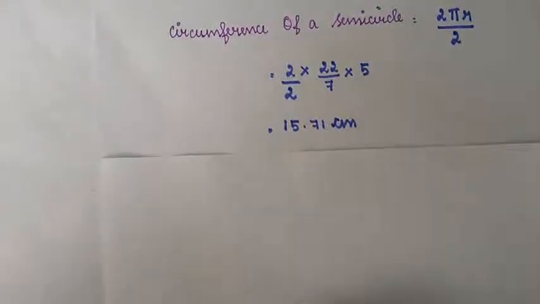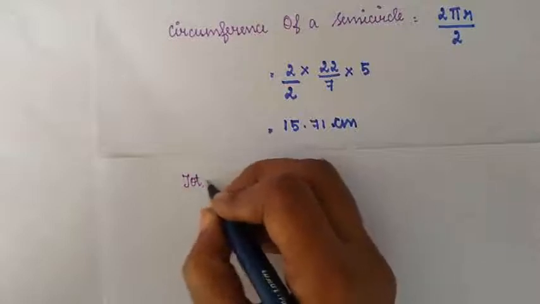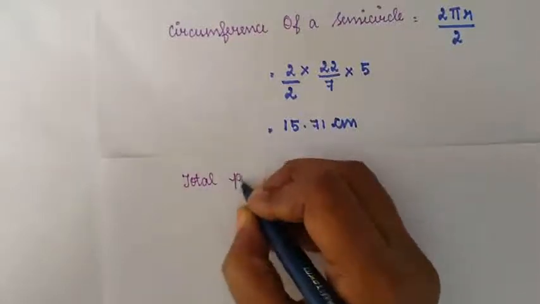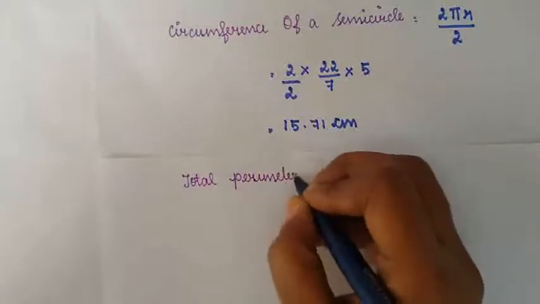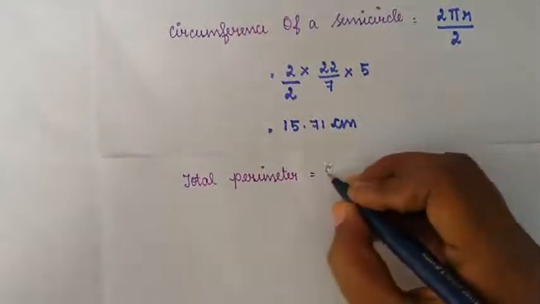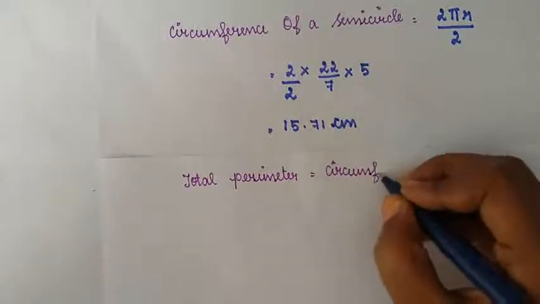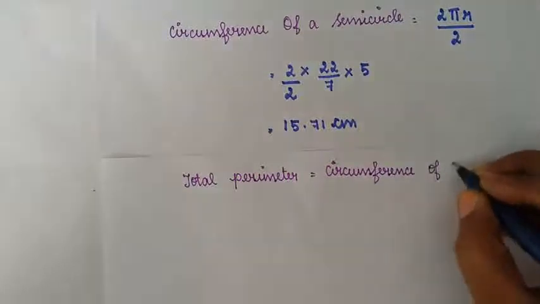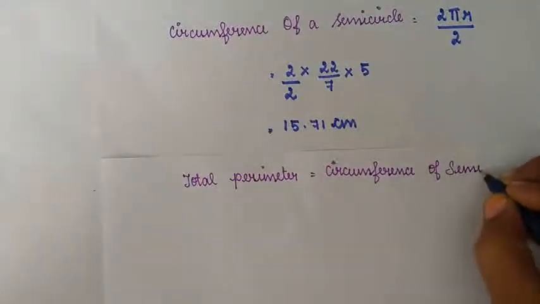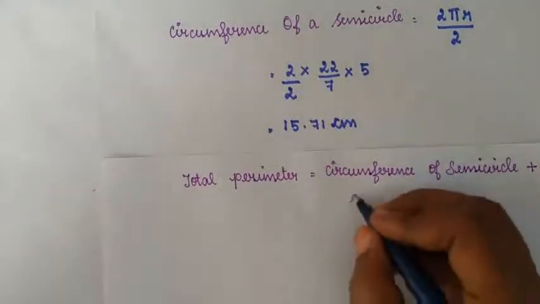Next we have to find the total perimeter. Total perimeter is equal to the circumference of the semicircle plus the length of the diameter.